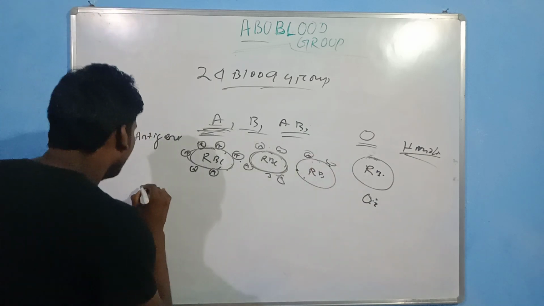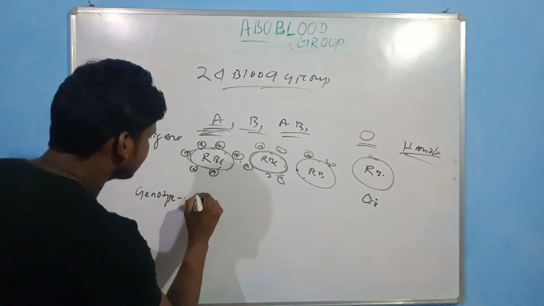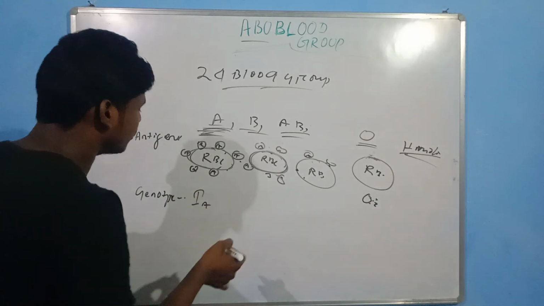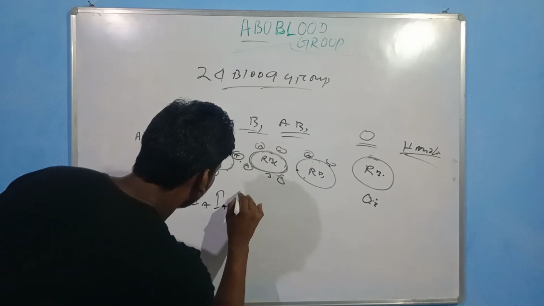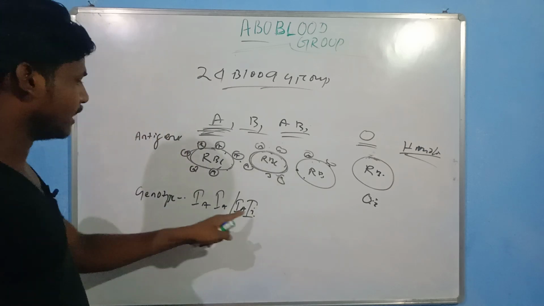The antigens are expressed according to the genotype. I means allele, present in the homologous chromosomes. The A blood group has genotype IA IA or IA i, with the H molecule.